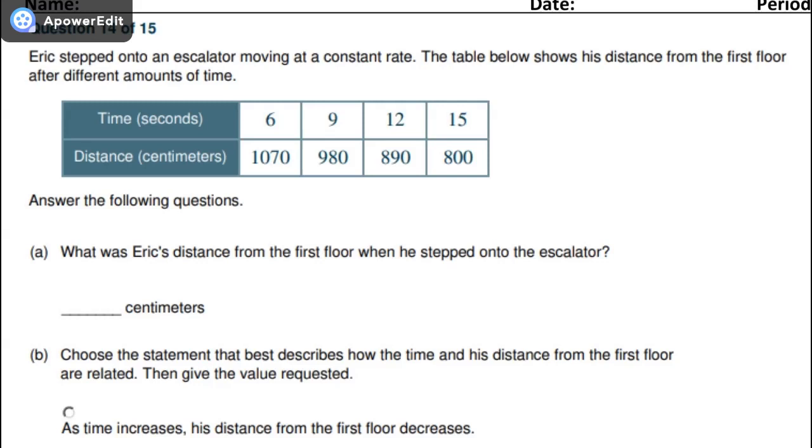So we're going to look at the table. As you see, the x value is increasing consistently by 3, and the y value is decreasing, going down by 90, minus 90, minus 90, and minus 90. So we're going to reverse this.